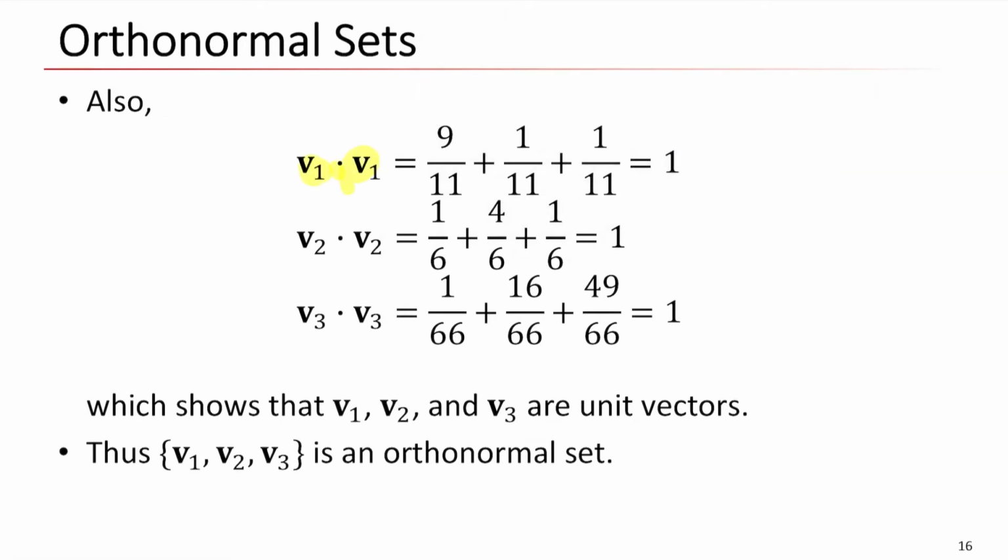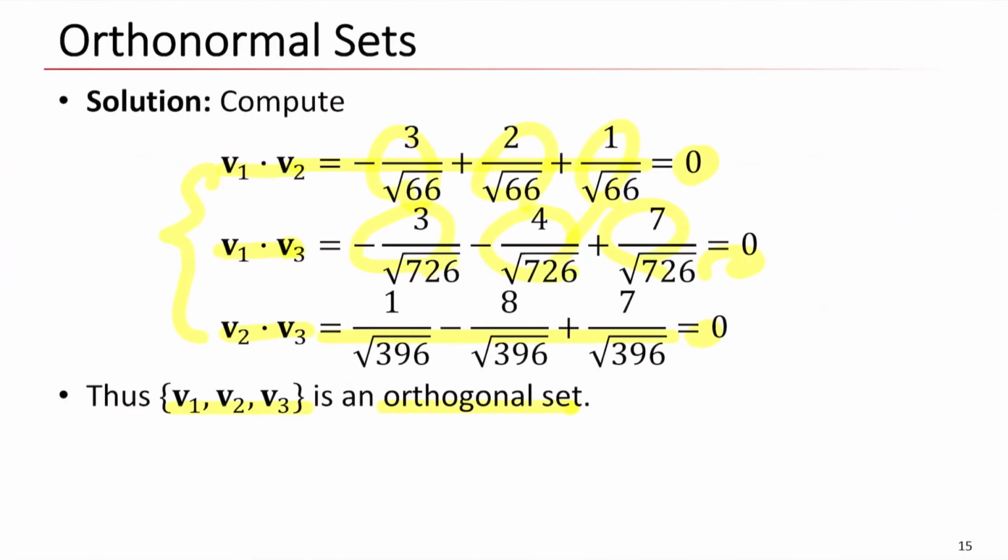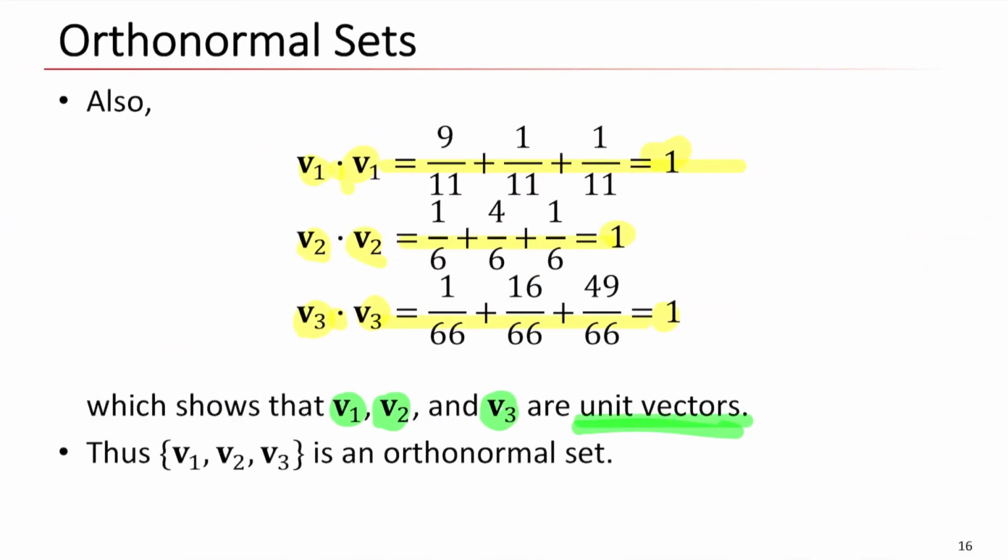It is equal to something like this, and it should be 1. v2 inner product v2 is also equal to 1. v3 inner product v3 is also equal to 1, which shows that v1, v2, v3 are unit vectors. So because they are an orthogonal set and they are unit vectors, v1, v2, v3 is an orthonormal set. Okay, so we proved this.